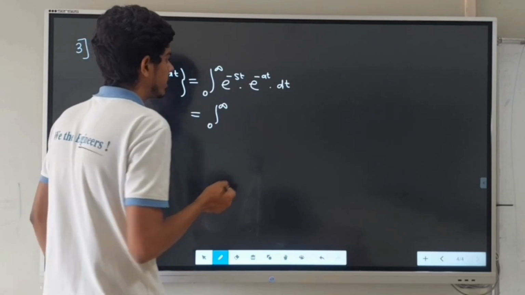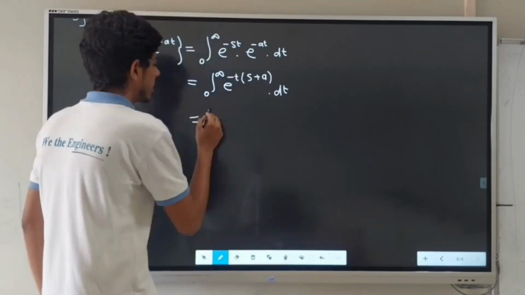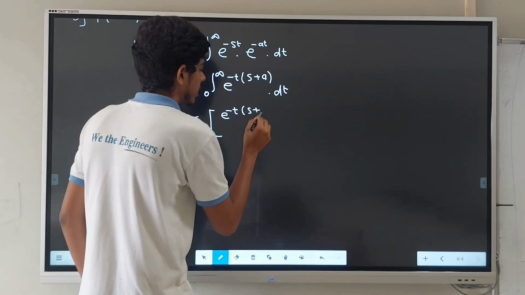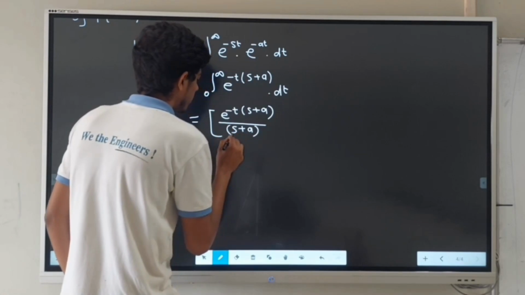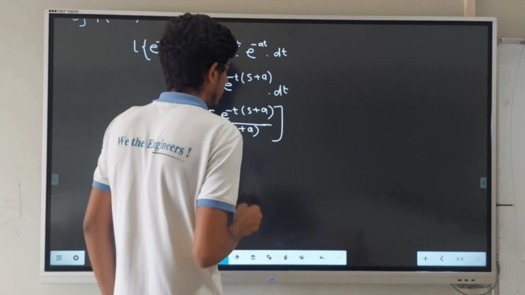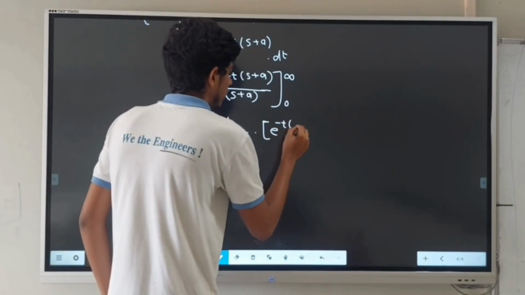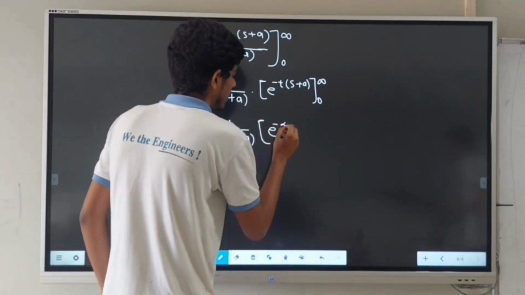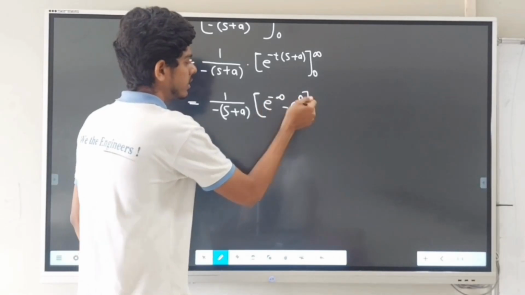According to the rule of indices, taking the above function, it is written as e raised to minus t into s plus a upon s plus a. Here the negative sign is attached to the term s plus a, with limits from 0 to infinity. Putting the limits in the given function, we know that e raised to minus infinity is 0 and e raised to 0 is 1.